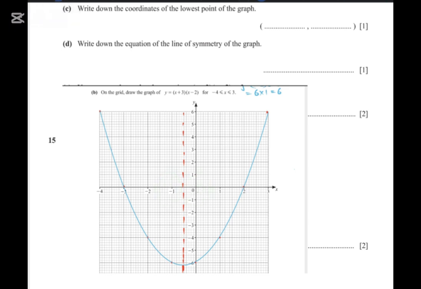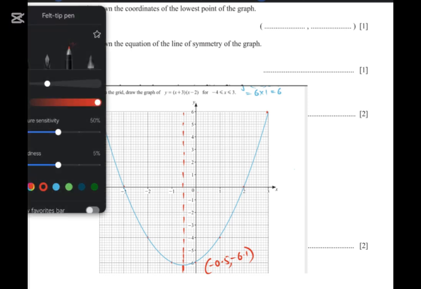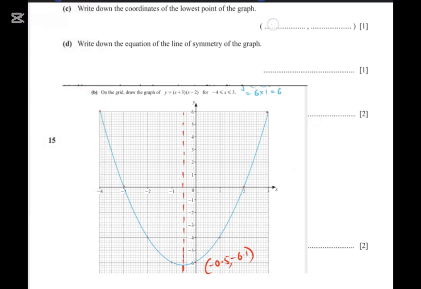So it is negative 0.5 the x coordinate, and the y coordinate is negative 6.1. So this is the lowest point here. So write down that: minus 0.5, minus 6.1.